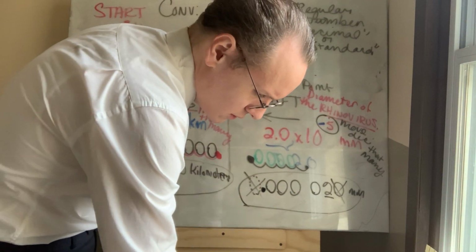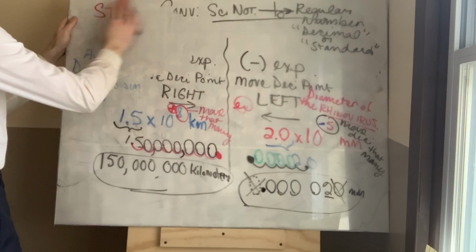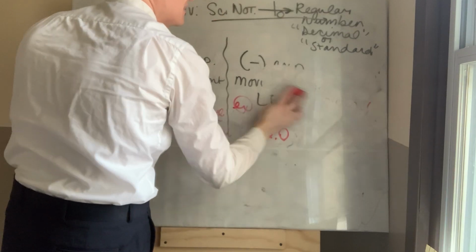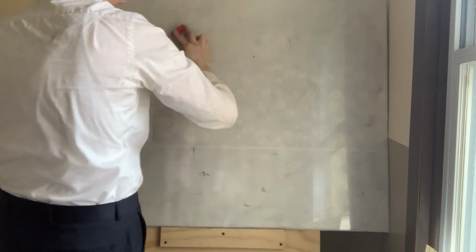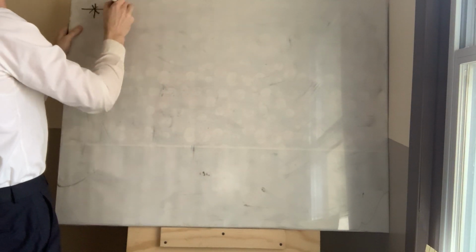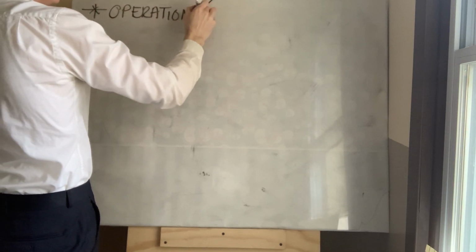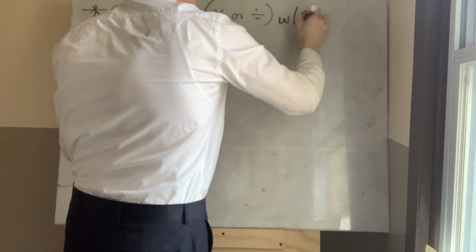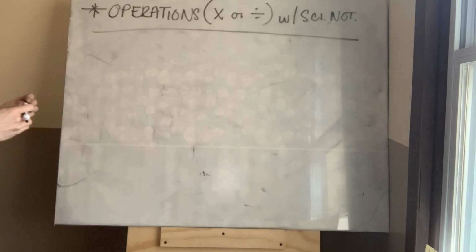Now the last thing is, well, we'll do some operations. If you have operations of multiplication or division involving scientific notation, the trick to this is to regroup.